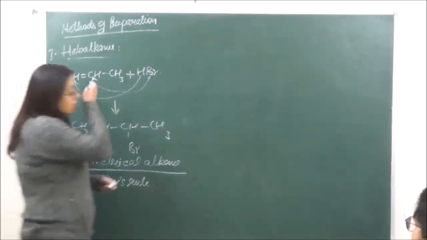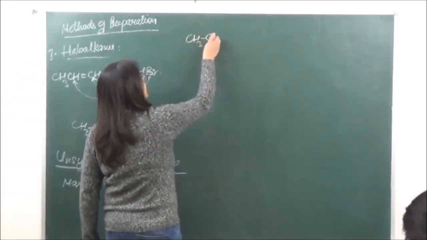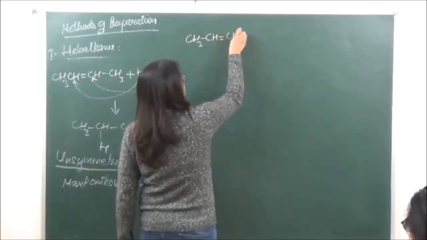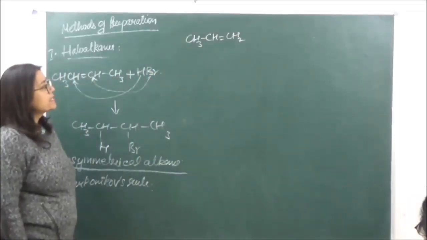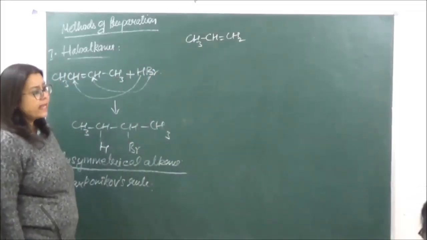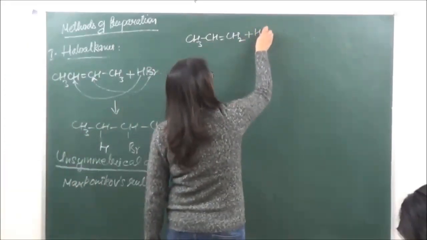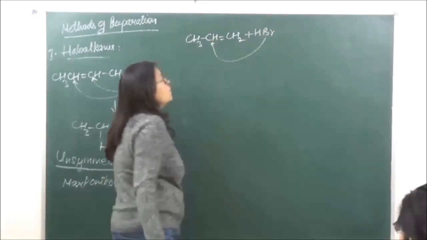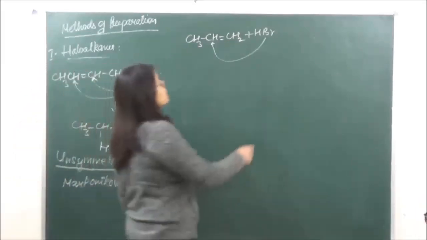Okay? So suppose we have CH3, CH, double bond CH2. So this is an unsymmetrical alkene. On one side of the double bond there are 2 carbon atoms and on the other side 1 carbon atom. Now when HBr is going to attack over here, then the bromine will attack at the carbon atom with lesser number of hydrogens. This is what Markovnikov's rule states.